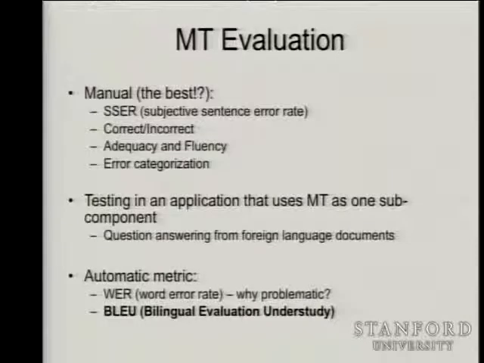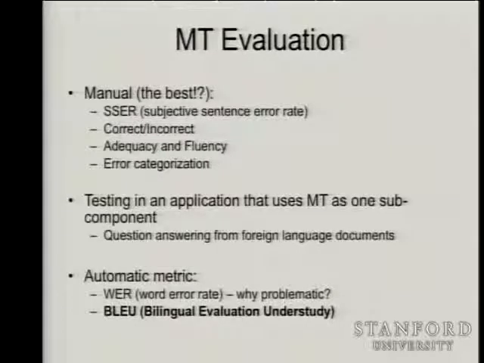If you have lots of money on hand, like the Microsoft machine translation group, every week they take the output of their latest research system and ship it off to an evaluation team who do human evaluation, and they get back weekly deltas on how the system is improving or getting worse.